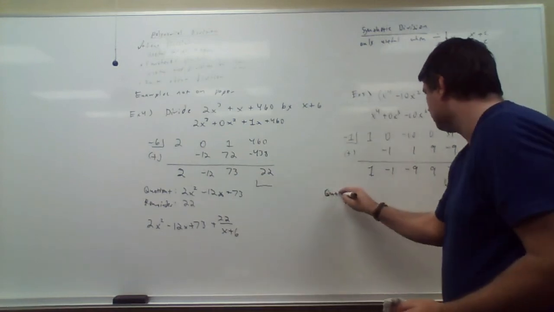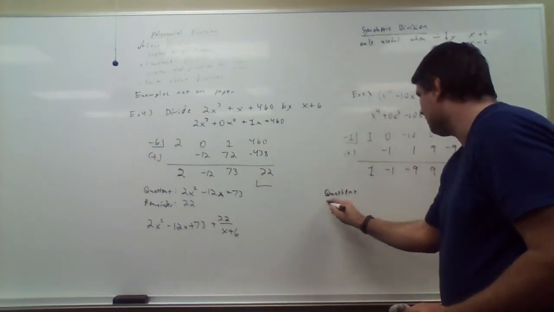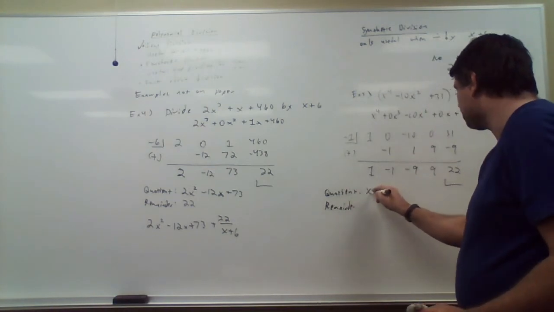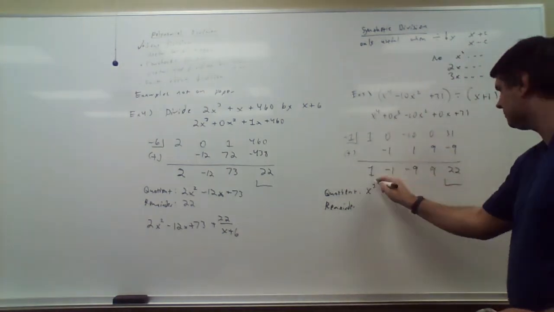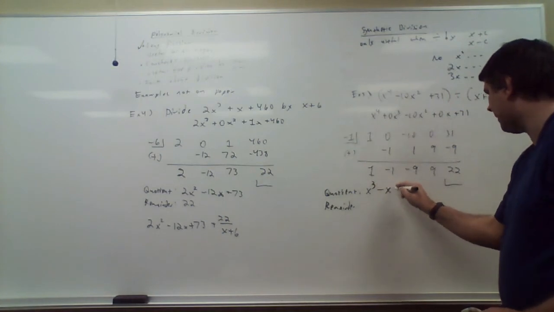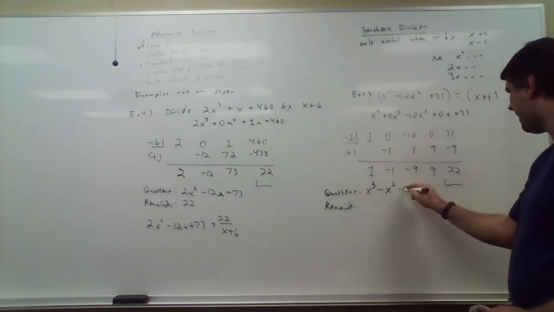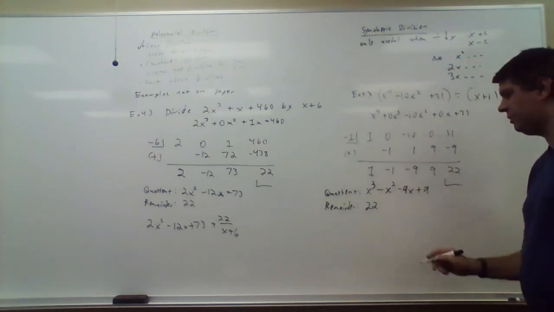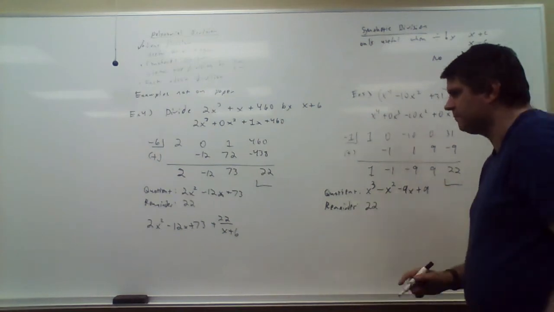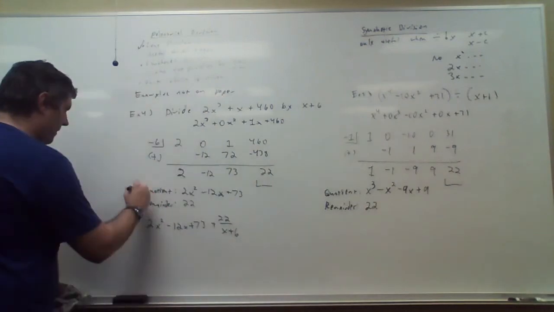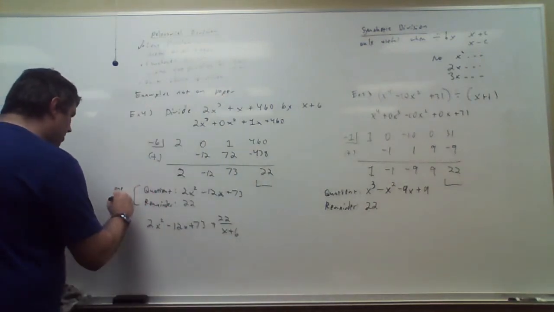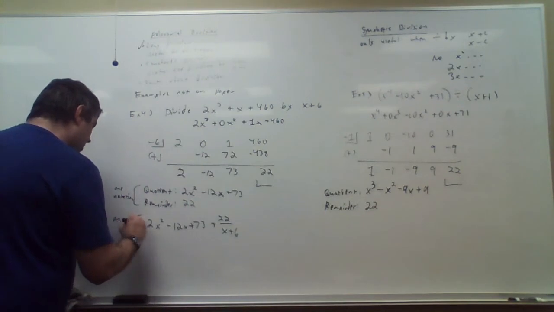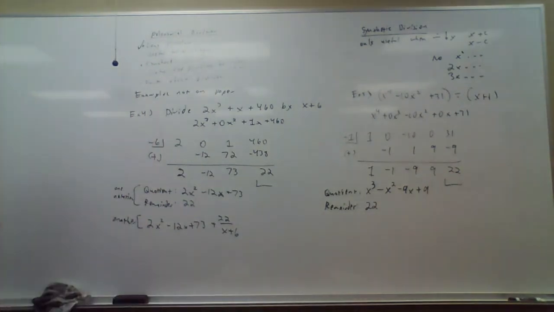Quotient, remainder. x cubed, so we go down a power, minus x squared, minus 9x plus 9, with the remainder, once again, 22. Okay? So just to clarify, one notation, and then another. I'm not going to do two of those again, okay?